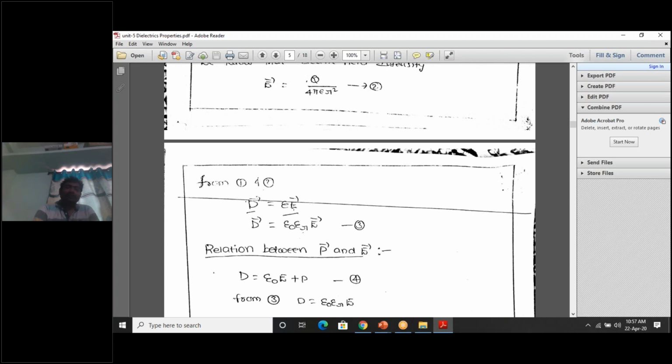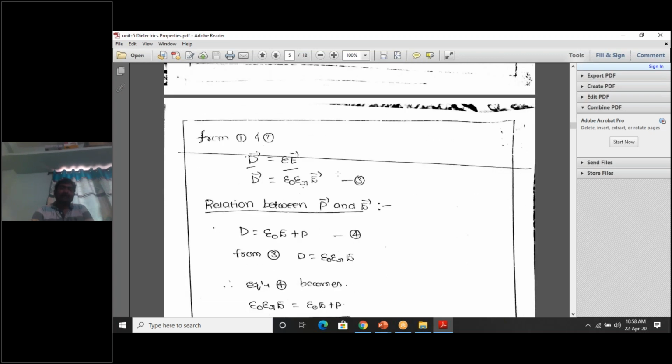So the product of E bar and epsilon is called D bar. This is the simplest definition: D bar is equal to epsilon into E. This is the definition of the electric displacement vector.